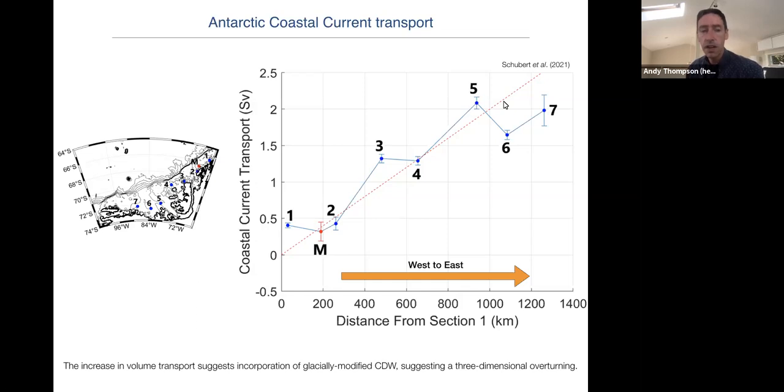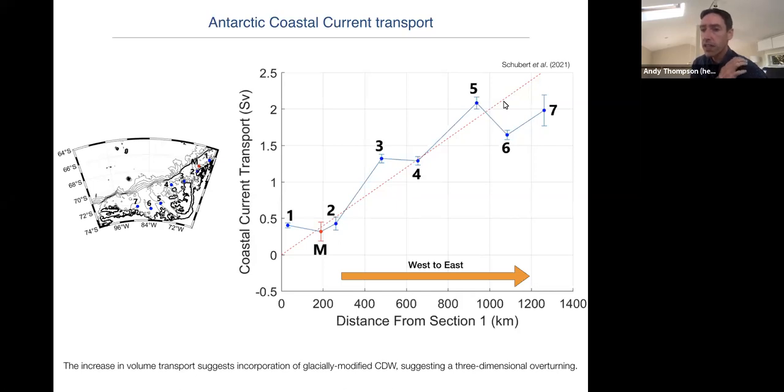And so our argument for why this is happening is that as the Antarctic Circumpolar Current moves past each of these ice shelf faces, it is entraining meltwater coming out of the ice shelf cavity. That is doing two things. It may actually contribute some volume flux to the coastal current itself, although we suspect that that volume flux is pretty small compared to the transport.